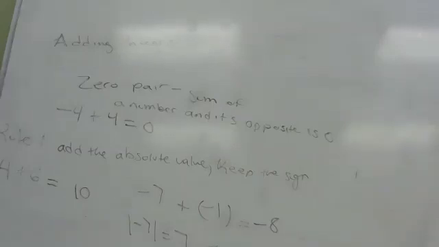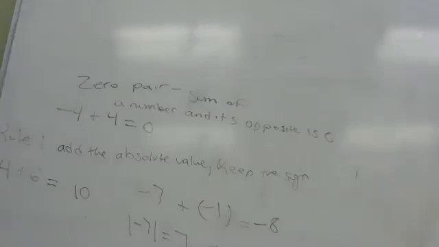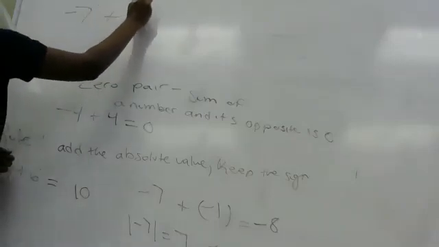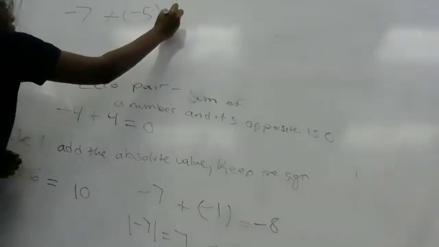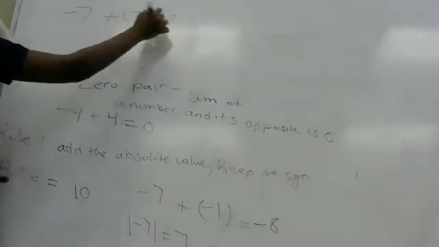All right, let's do another with the same signs. Give me two negative numbers. -7 and -5. So -7 plus -5. Keep the signs. The answer is what?